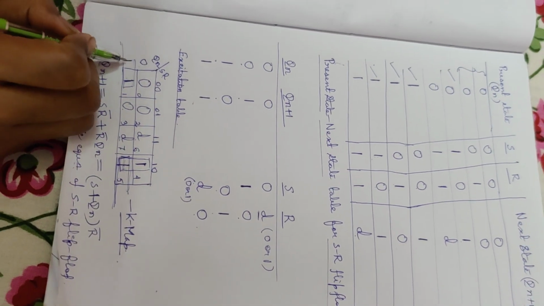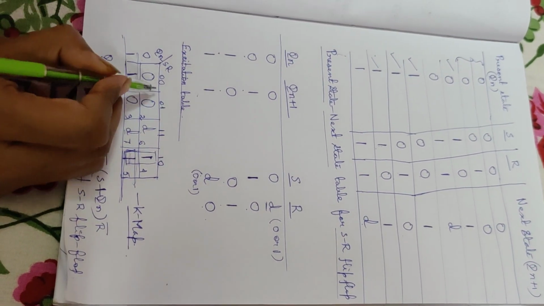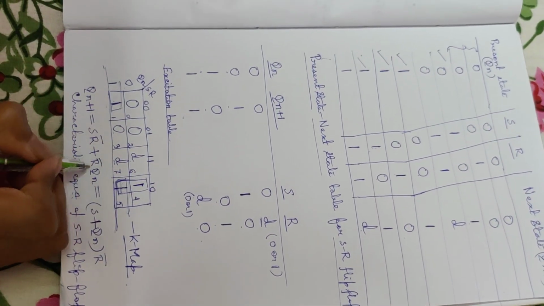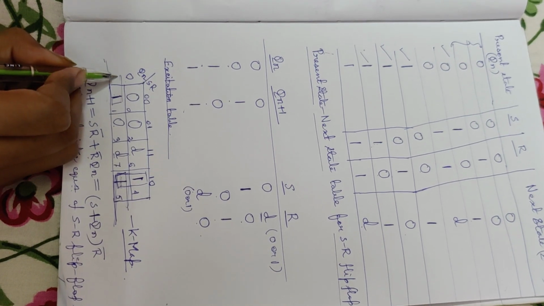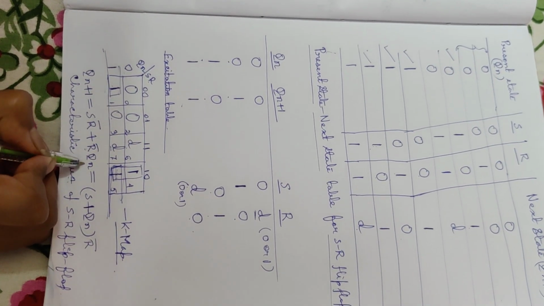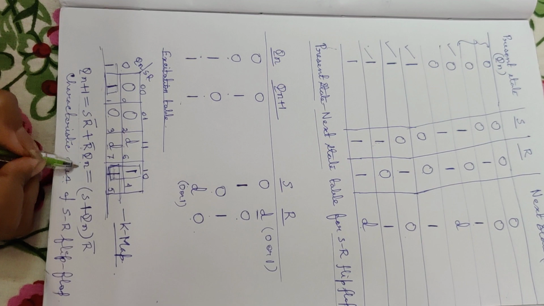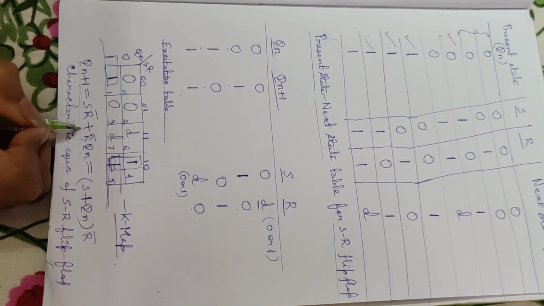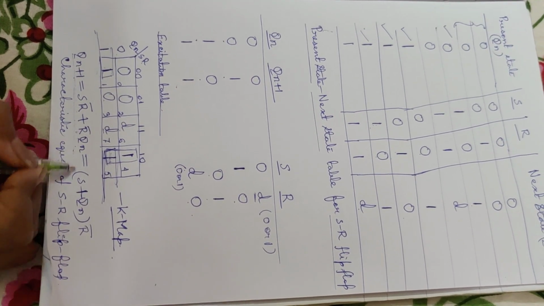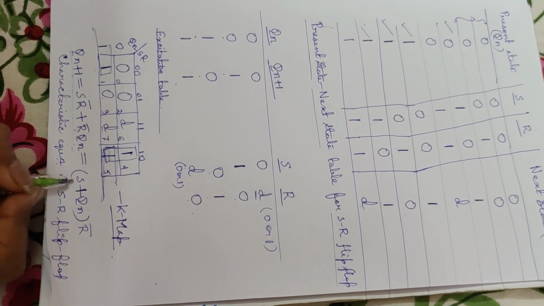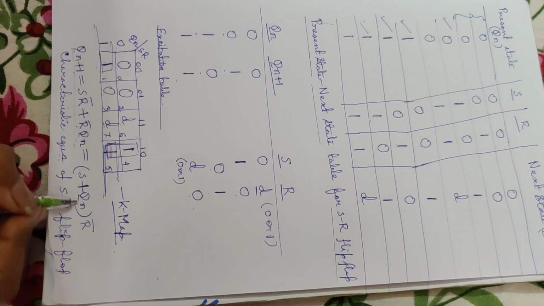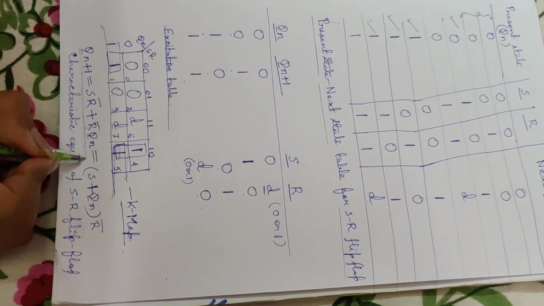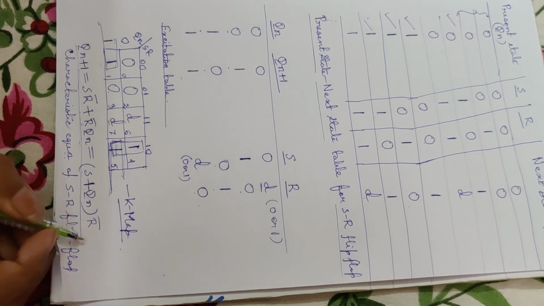So we are taking here the value of Qn and the value of R. So we can write down as R is 0, so it will be R bar, Qn is 1, so R bar into Qn. So this will be the characteristic equation for the next state, that is Qn plus 1 equal to S R bar plus R bar Qn. We are taking R bar as common, so we can write down S plus Qn into R bar. So this is the characteristic equation of an SR flip-flop.